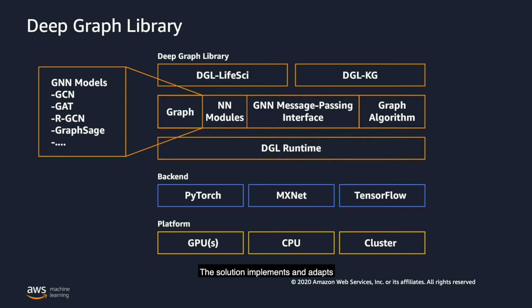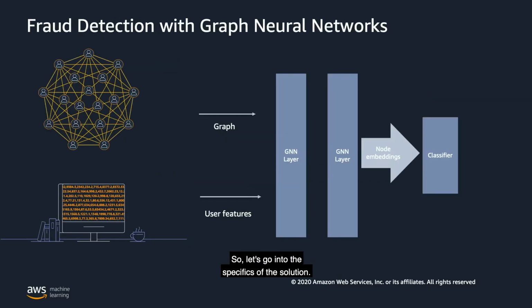The solution implements and adapts a few of the DGL GNN models for fraud detection. So let's go into the specifics of the solution. At a high level, the fraud detection solution trains a graph neural network that accepts an interaction graph as well as some initial features. In order to classify nodes as potentially fraudulent or not, this approach ensures that we detect signals that are present in the features as well as in the connectivity structure of the graph.